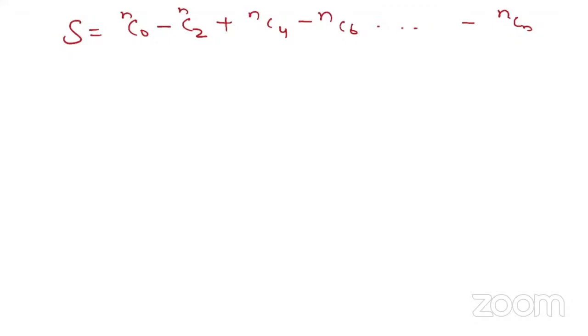So with nCn it depends on the plus or minus sign, I don't know. So this is the kind of series. We have to find the value of this. Either there would be a plus sign or a minus sign; both cannot be together. So this is the question.